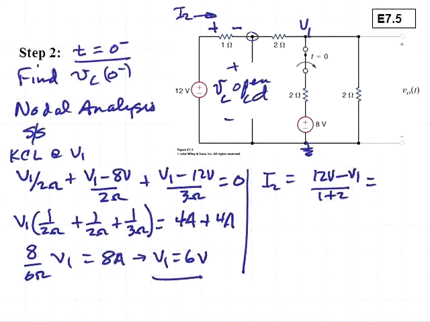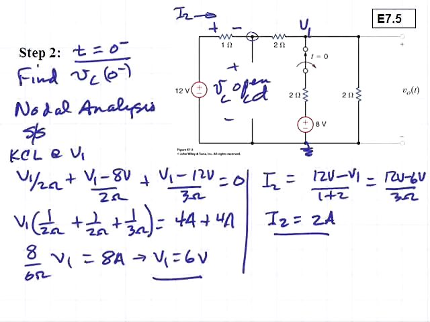This is equal to 12 volts minus 6 volts divided by 3 ohms, and I2 is equal to 2 amperes.